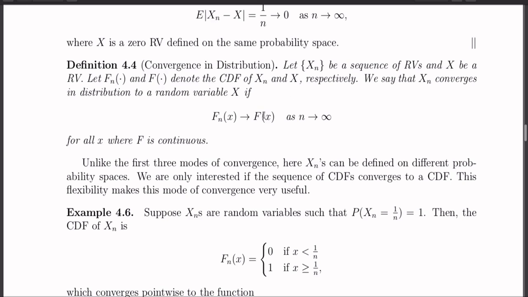Okay, and that basically means that if I try to find out the probability that Xn lies between a and b, obviously this is basically the distribution function at the point b minus the distribution function at the point a. If F is continuous, as I assume this capital F is continuous over R, then that probability Fn(b) minus Fn(a) can be approximated by F(b) minus F(a).